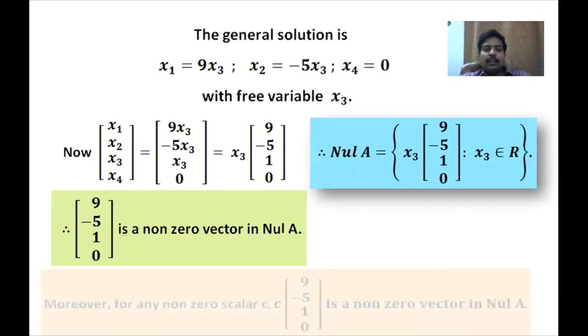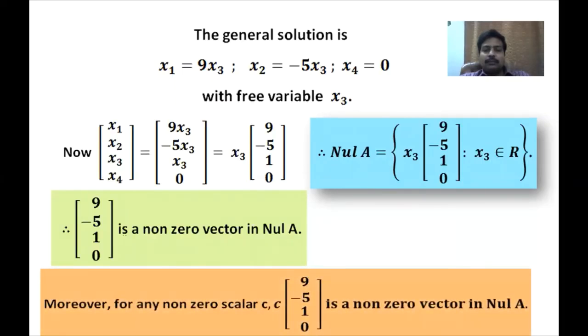Or any non-zero scalar, if it is multiplied with this vector, we can get a non-zero vector in null space. So it is easy to get a vector in column space A, but to get a vector in null space A, we need to find null space A.